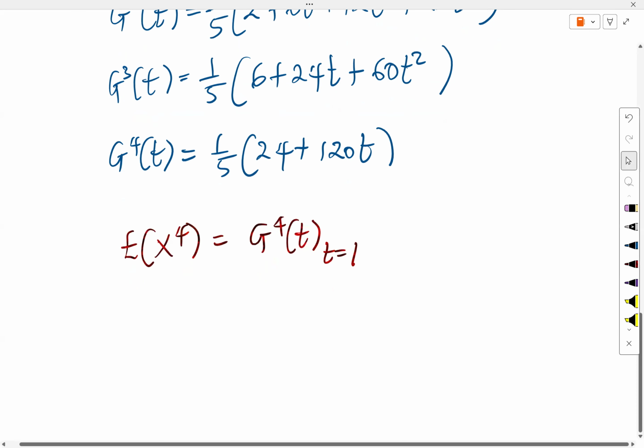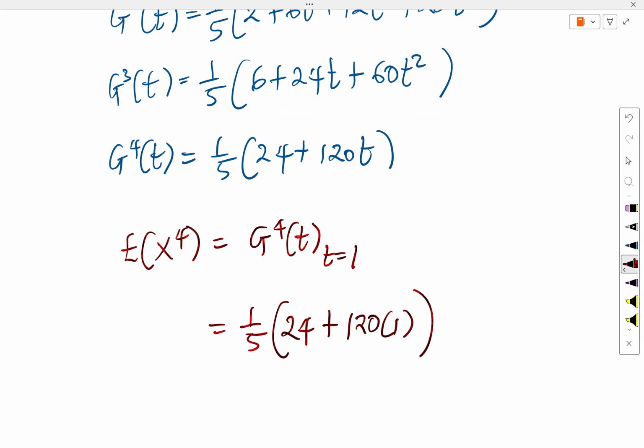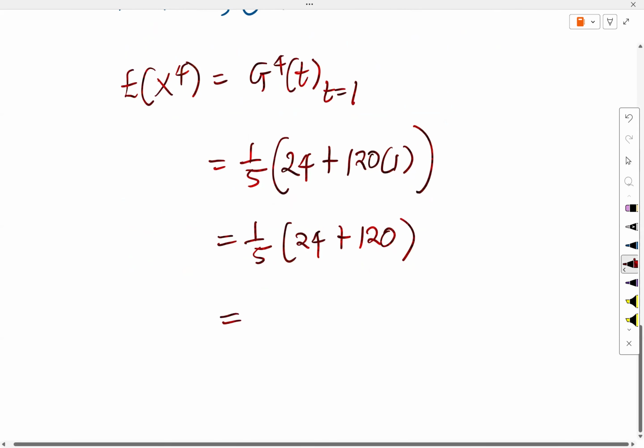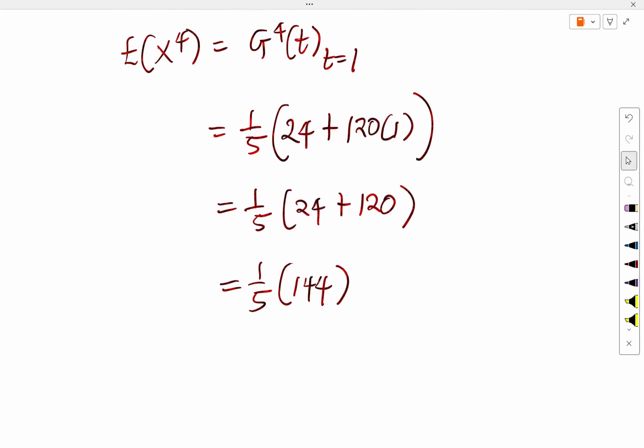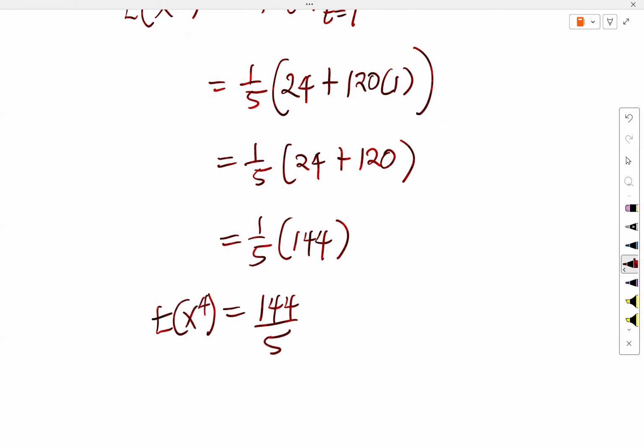So you have 1 over 5 into 24 plus 120 into 1, which results in 1 over 5 into 144, equal to 144 divided by 5. So that is your expectation of x raised to power 4, which is the same thing as the fourth moment of the random variable x.